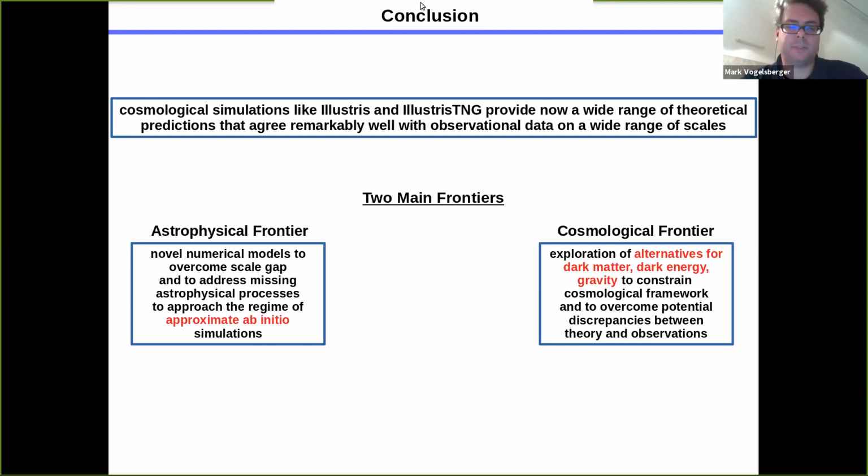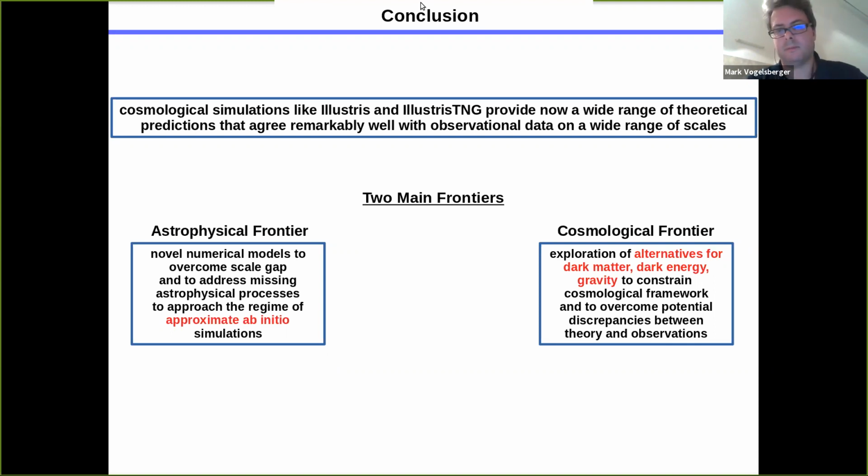Today's simulations are typically run on the order of 50, 100,000 cores, and you run there for months. So it's an enormous investment in terms of compute time, money, and also the carbon footprint.